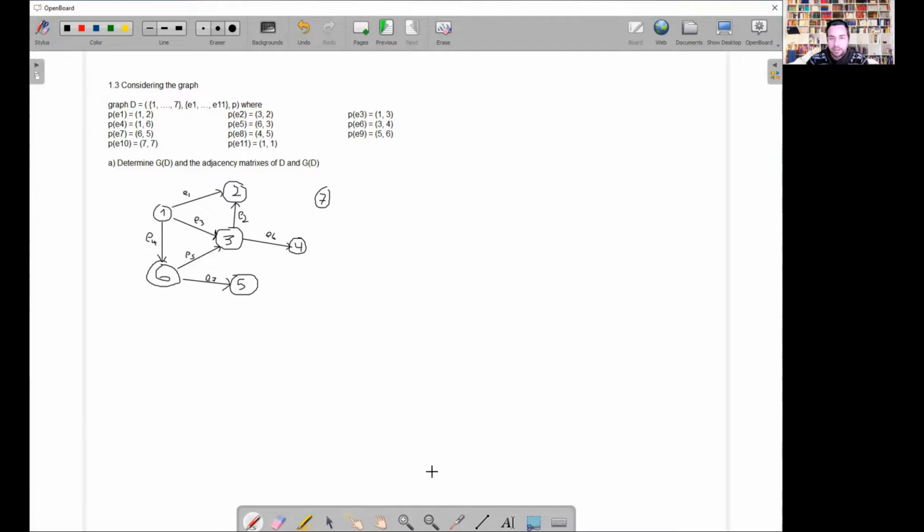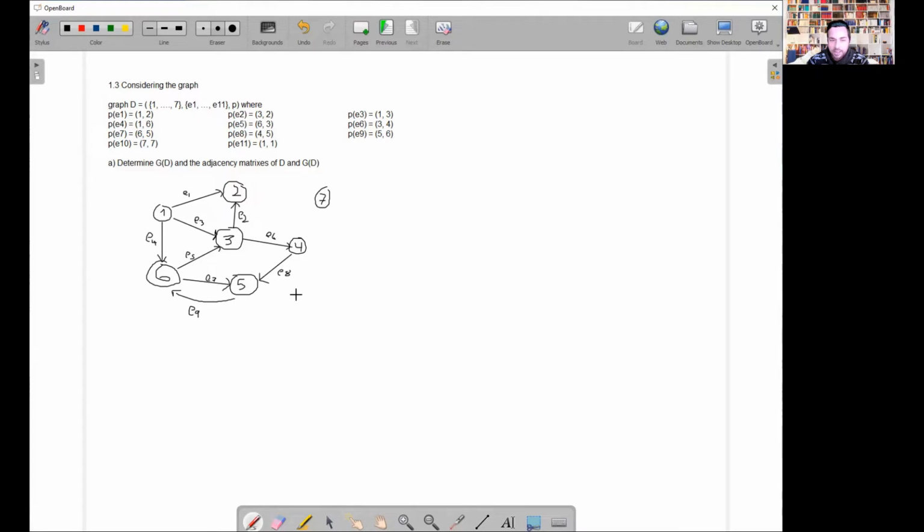E8 links 4 and 5. E9, 5 and 6. So as we already have one link from 6 to 5, but now we are going to have another one from 5 to 6, right? Which is E9.